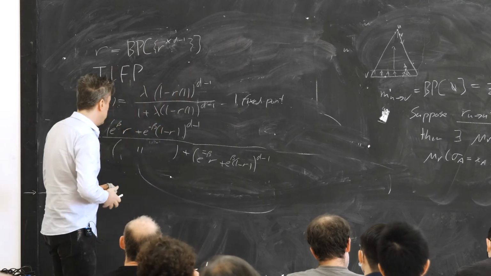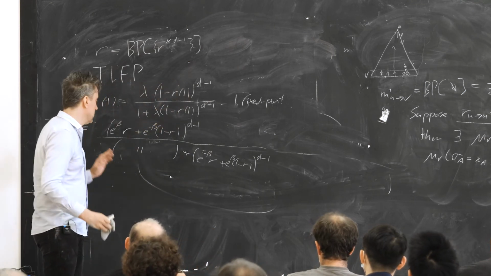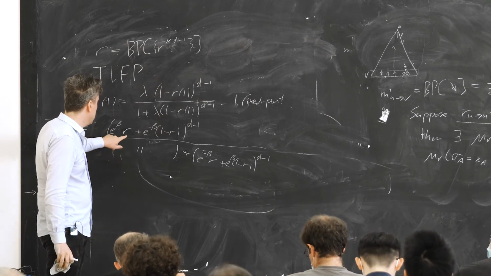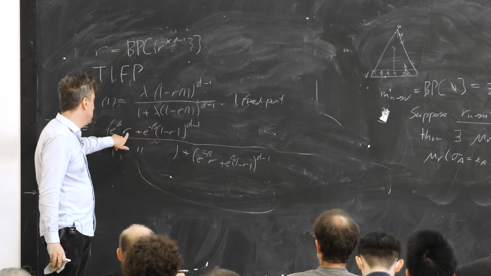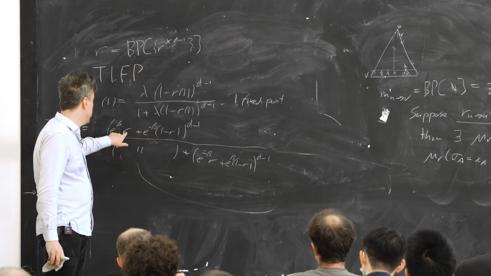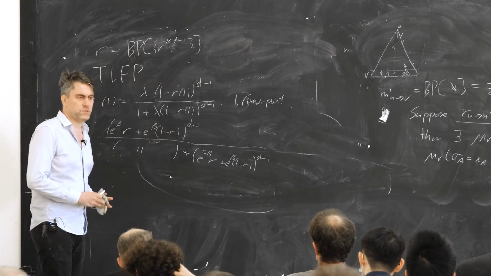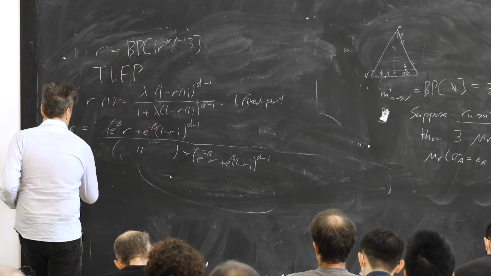Okay. This, you can check, is an increasing function in R now, so it could have more than one solution. When R equals a half, so you're symmetric between plus and minus, then these two are just equal and you just get a half. So R equals a half is the solution for any value of beta.